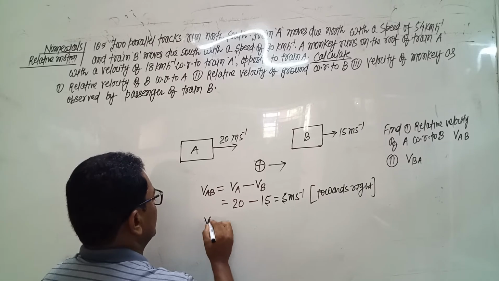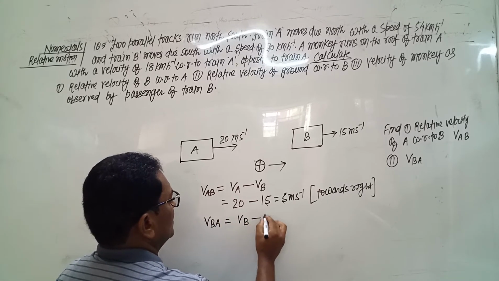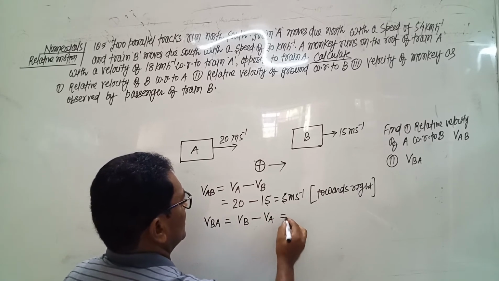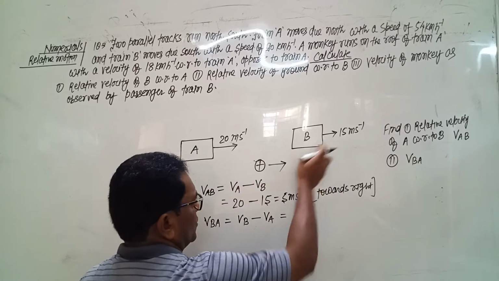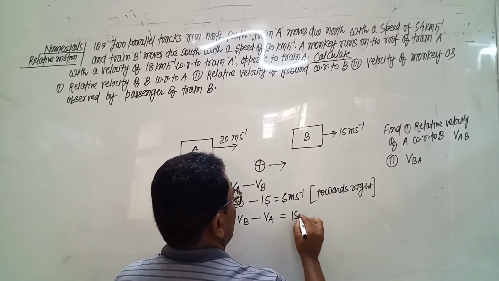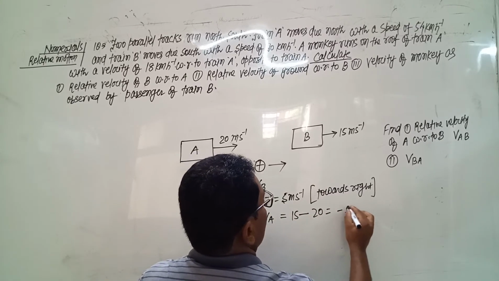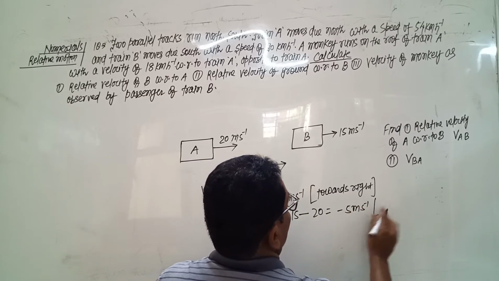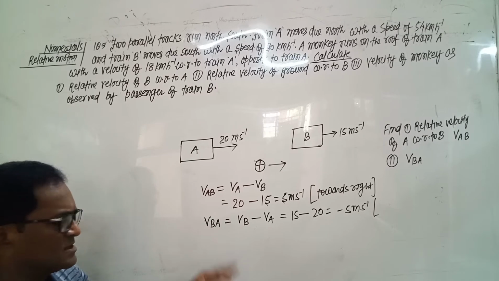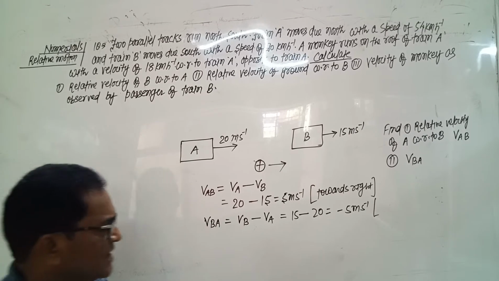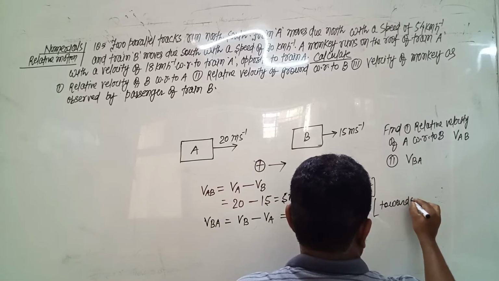Now we have to calculate VBA, which is VB minus VA. 15 minus 20, which is minus 5 meter per second. The negative sign shows that the direction of the velocity of B with respect to A is towards left.